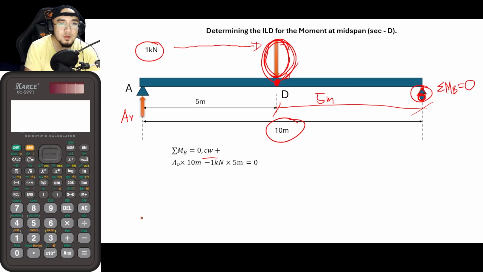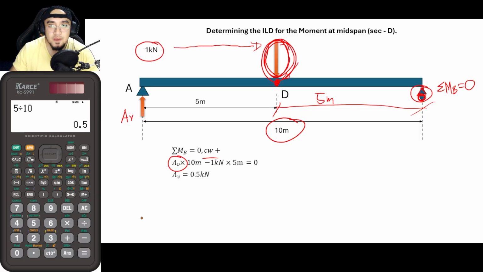Then to solve for the new value of AV, looking at the calculator below me, transposing 1 times 5 to the other side, this is now 5 divided by 10. Or if you want to make use of your shift solve command, feel free to do so. We would just be arriving at the same answer of 0.5. So AV would now be equal to 0.5 kilonewtons.